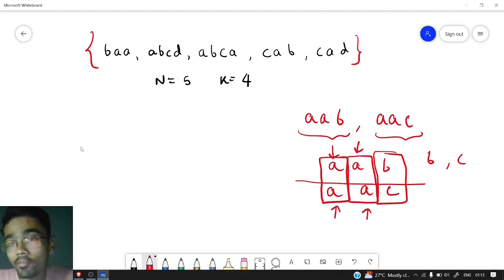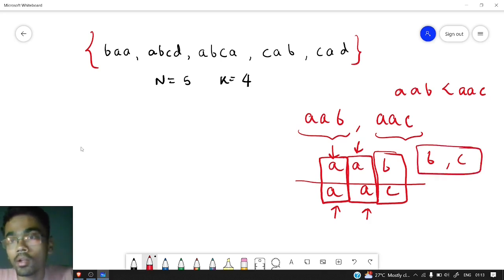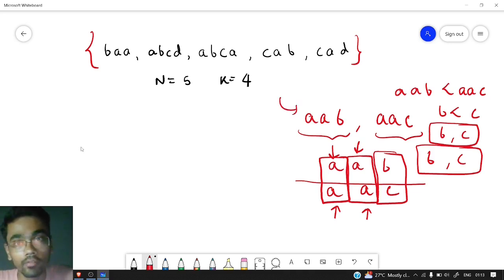Now I have previously said that AAB is lesser than AAC in the sorted format, and here B and C is the differentiating factor. So can't we say indirectly that B is less than C, or B should be coming before C in our English dictionary? Yes, we can say that. Otherwise, how could we say that this is the sorted format?